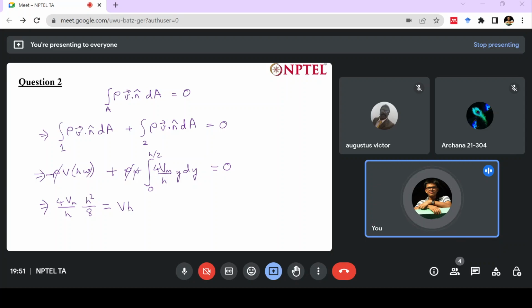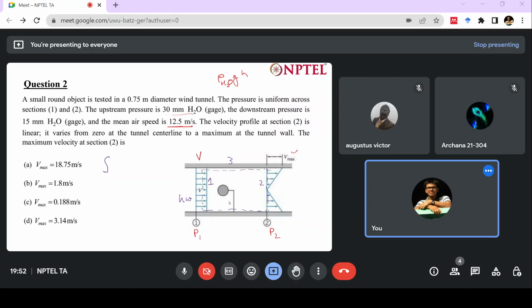This V is the inlet velocity that is given, but we have to find out this V max. So this V max will be some multiple of V. It's already given as 12.5.